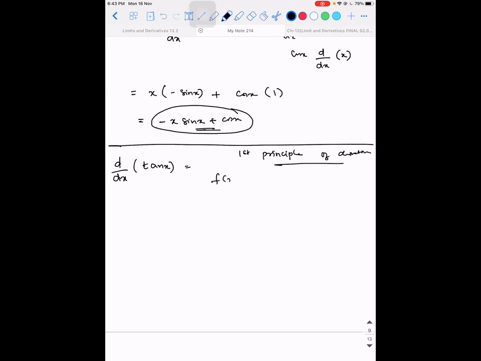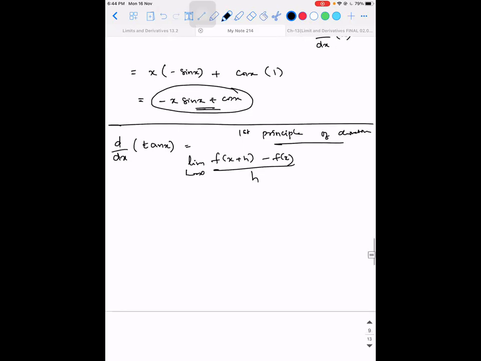So it is f of x plus h, limit h tends to 0, f of x plus h minus f of x, the whole divided by h. There is a reason why I'm doing this. What is f of x plus h? It is tan of x plus h minus tan x, the whole divided by h.